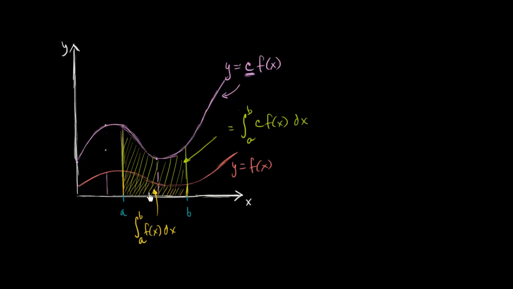Well, one way to think about it is we just scaled the vertical dimension up by c. If I have a rectangle where the vertical dimension is alpha and the horizontal dimension is beta, we know the area is alpha times beta.